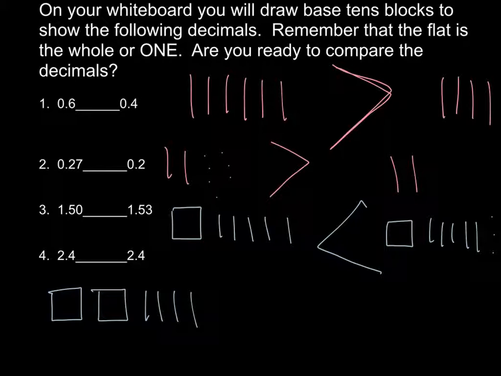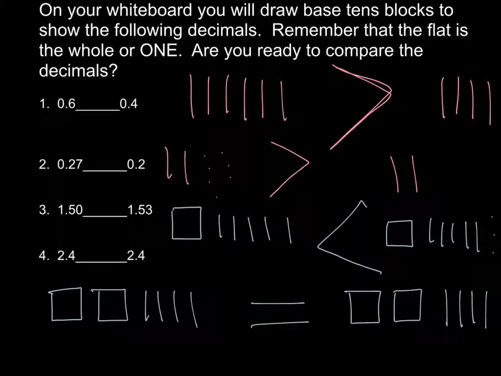When I compare that to 2 and 4 tenths, that is 2 flats, that represents the whole, and 4 longs to represent the 4 tenths. 2 and 4 tenths is equal to 2 and 4 tenths. In your math journal, you will be comparing decimals by either drawing the base 10 blocks or looking at a picture of the base 10 blocks to compare or write the decimal.